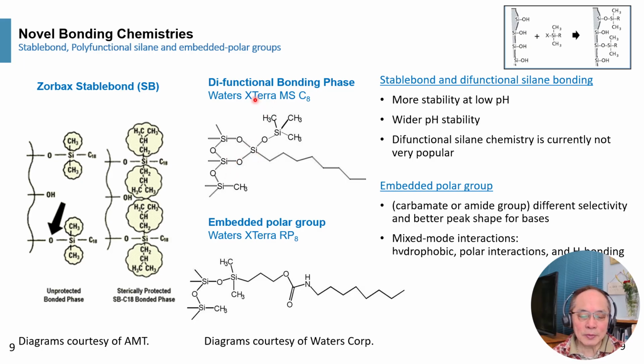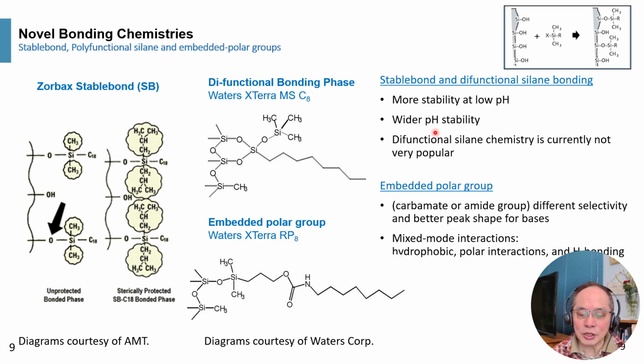And this became the Extend-C18 phases, and also one of the first embedded polar groups. In Waters' chemistry, the nomenclature is called the shielded phases, and Waters does not use amide. They have the amide, but most of the shielded phases use this type of group, which is a carbamate group.